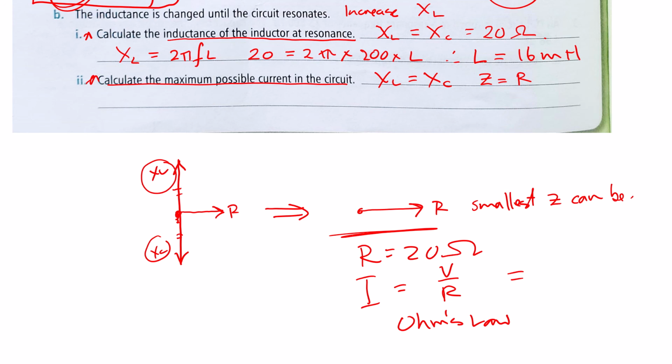And the voltage in this case is 5 volts, and the resistance is 10 ohm, so the current is 0.5 amp. Okay, that'll do.